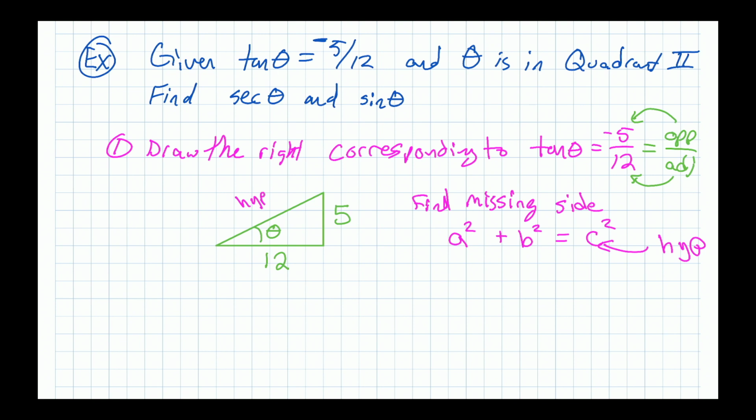So put in the 5 and the 12. They must be a and b. So put them in. 5 squared plus 12 squared equals c squared. So that's 25 plus 144 is c squared. So 169 is c squared.